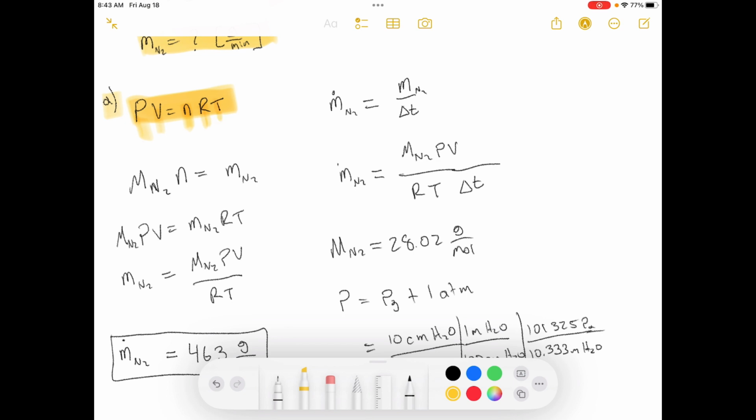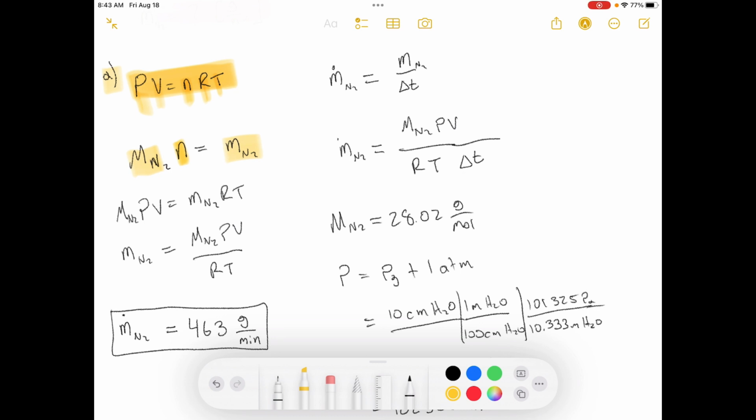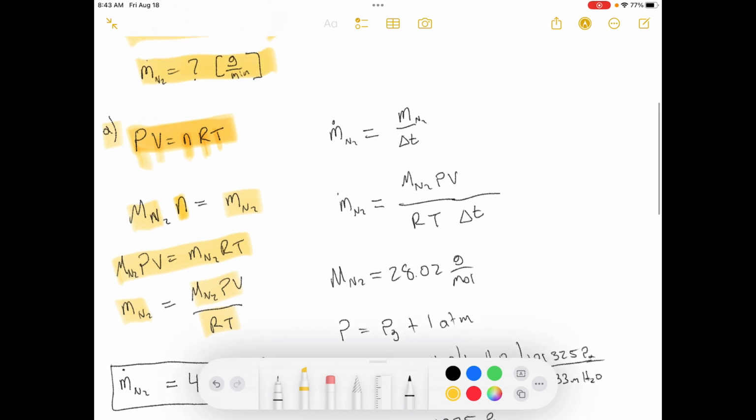Okay. So we need to know that if you multiply the molar mass of nitrogen by the number of moles, you'll get the mass of nitrogen gas. So then if you substitute that in, we get this, and then we can solve for the mass. This would be the total mass of nitrogen in the box. Well, the mass flow rate, in their definition in the problem statement, they said the entire contents of the box are to be replaced every 5 minutes.